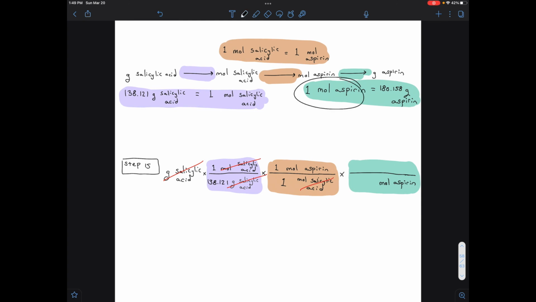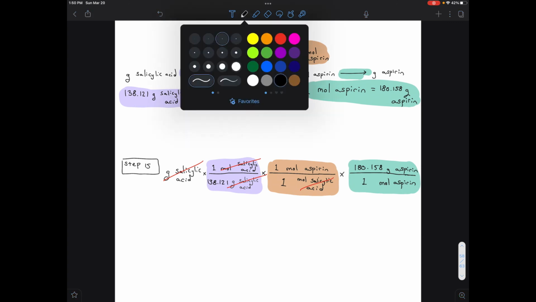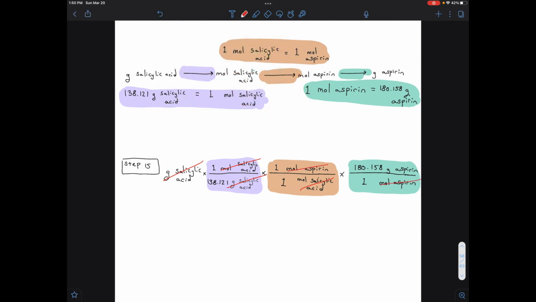So next to moles of aspirin, we'll go the number 1. Going over the fraction bar is like going across the equal sign, on top we'll have 180.158 grams of aspirin. Notice that moles of aspirin cancel out and we are left with grams of aspirin. That's exactly what we wanted.